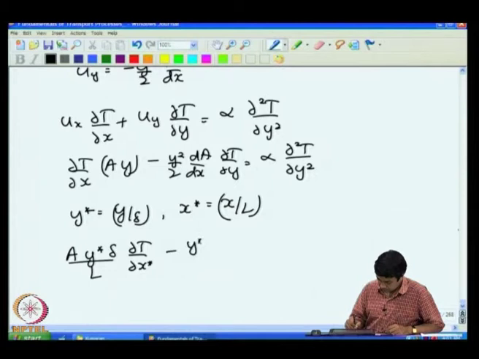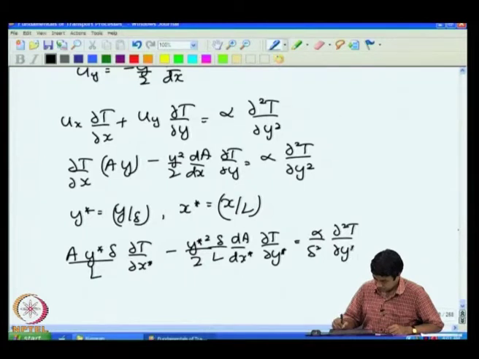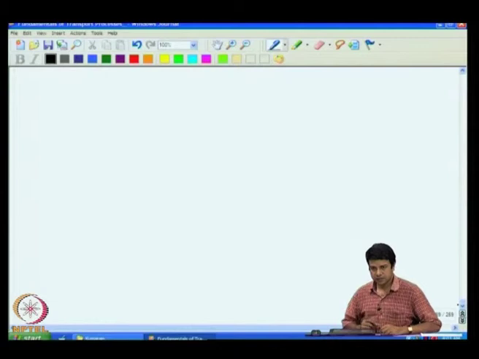minus y star squared by 2 delta dA by dx star. I am just scaling the equations.